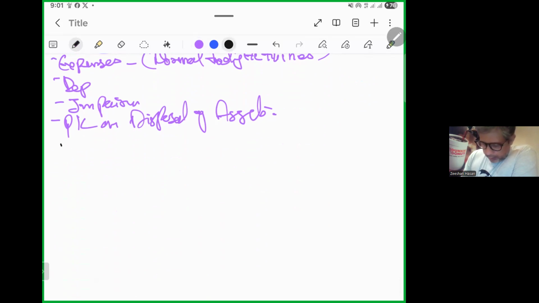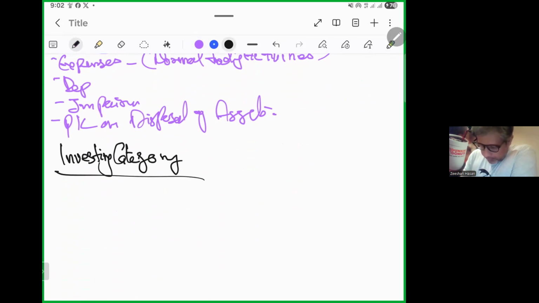So, what will be in the investing category? It's associates, which we will study in consolidation as well. What's related to it?